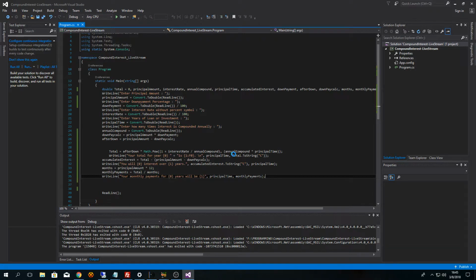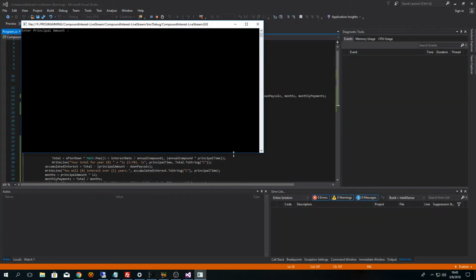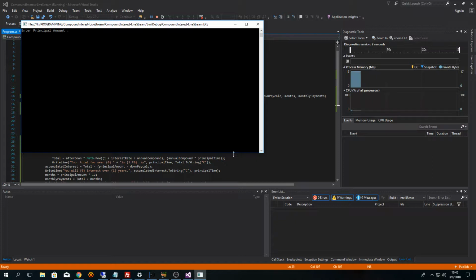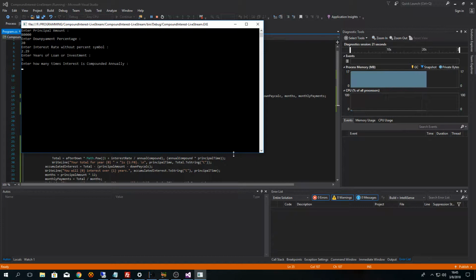So theoretically, let's try this. Good. So again, $80,000 car. 20% of it's going to be paid upfront. Interest rate will be 2.29. It's a 5-year loan.